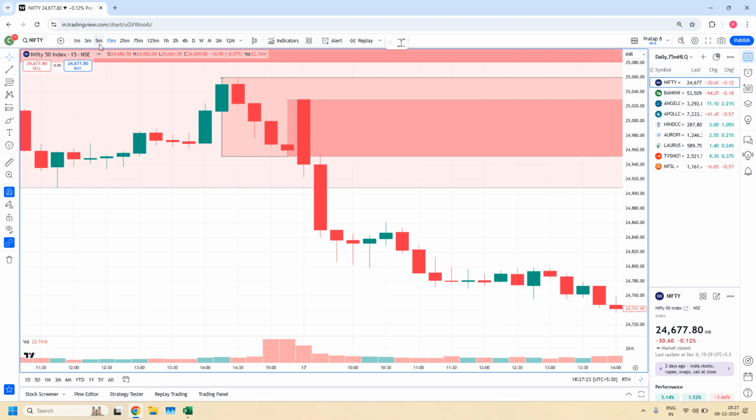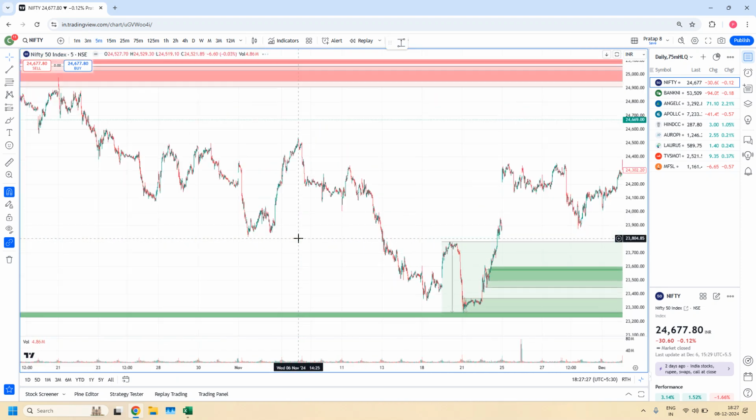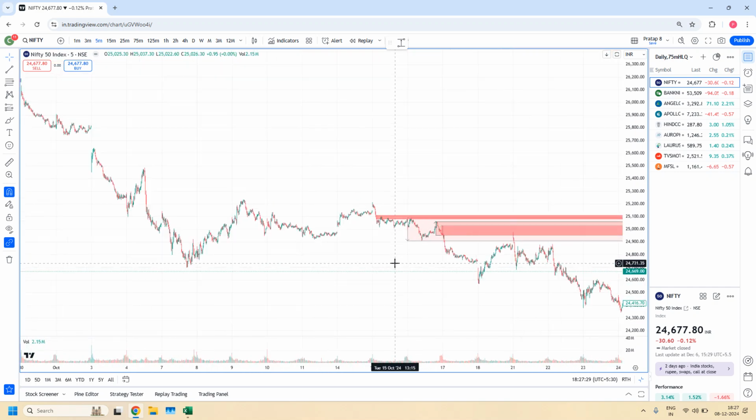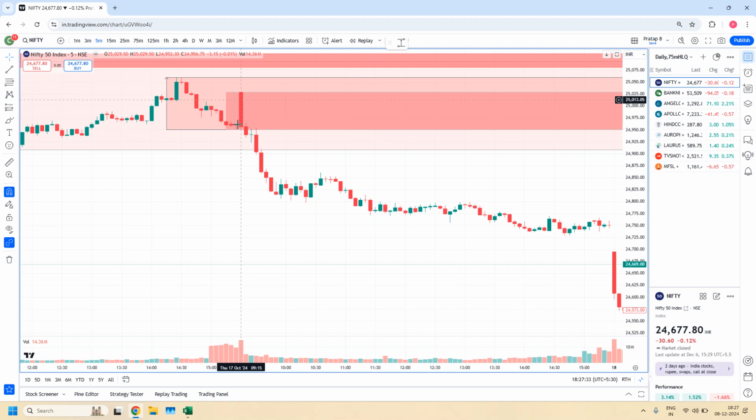But 5 minutes, why is it not valid? Why I did not draw the 5 minute zone is because of that. This candle is not a valid leg out because it is part of the base, the 5 minutes base. You can't draw this. And even if it comes out of the zone, still we don't consider it because of risk management.